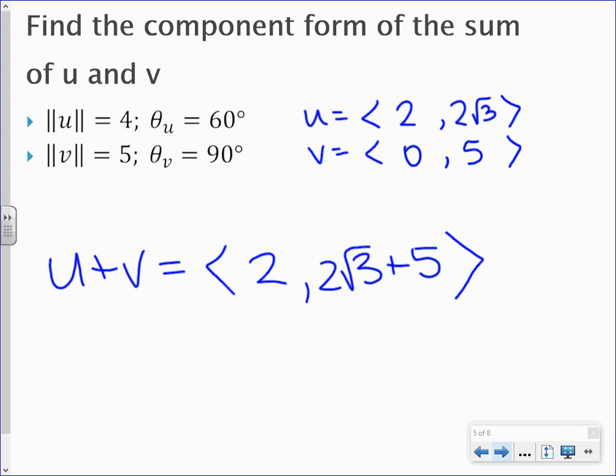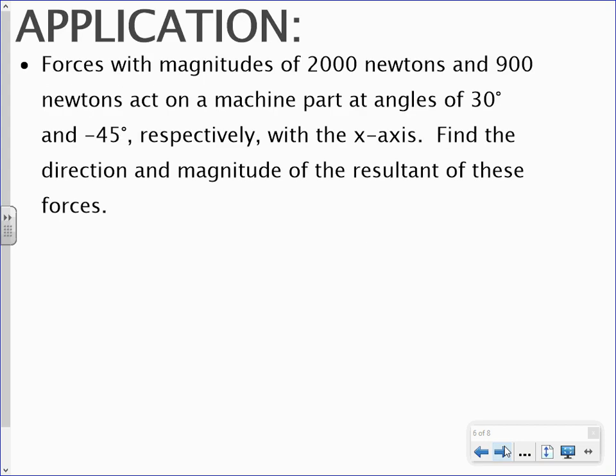Vectors can help us with force, so a vector's magnitude is going to describe a force applied. So, forces with magnitudes 2,000 and 900 newtons act on a machine part at angles of 30 and negative 45 degrees respectively. Find the direction and magnitude of the resultant of these forces.